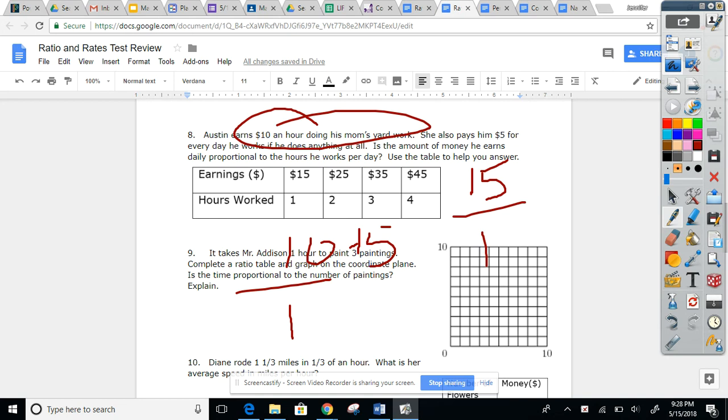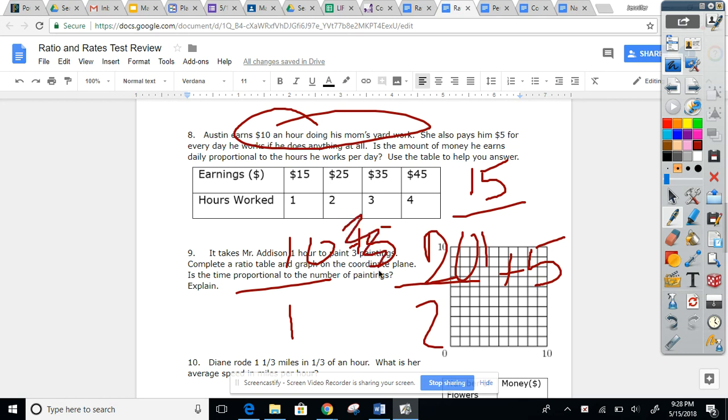Okay, so for his second hour, he worked 2 hours. So yes, that would be 2 hours would be $20. But he still only earns that $5 more. Okay, it's not a proportional relationship.